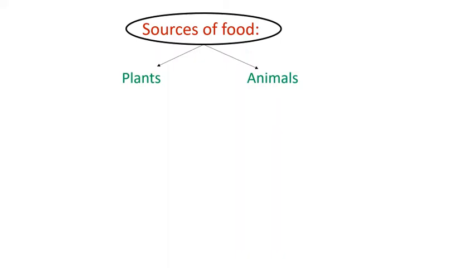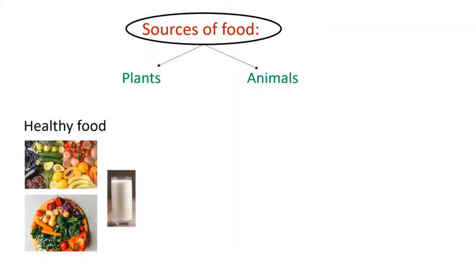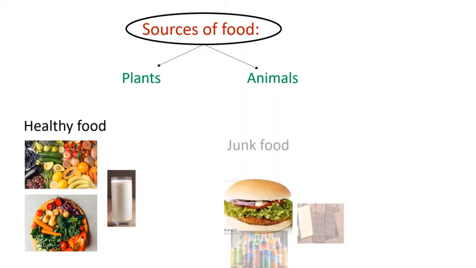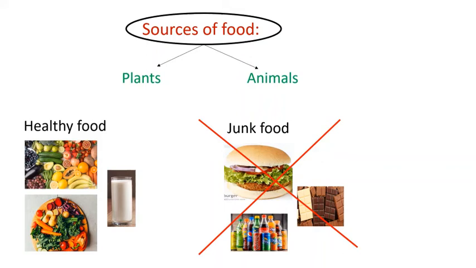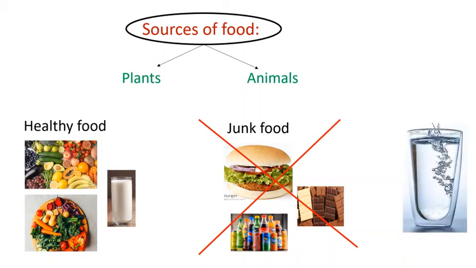And we should always prefer eating healthy food. And we should always say no to junk food. Very good, children. And we should also drink lots of water and always prefer anything that is natural and fresh. That will keep us healthy and beautiful.